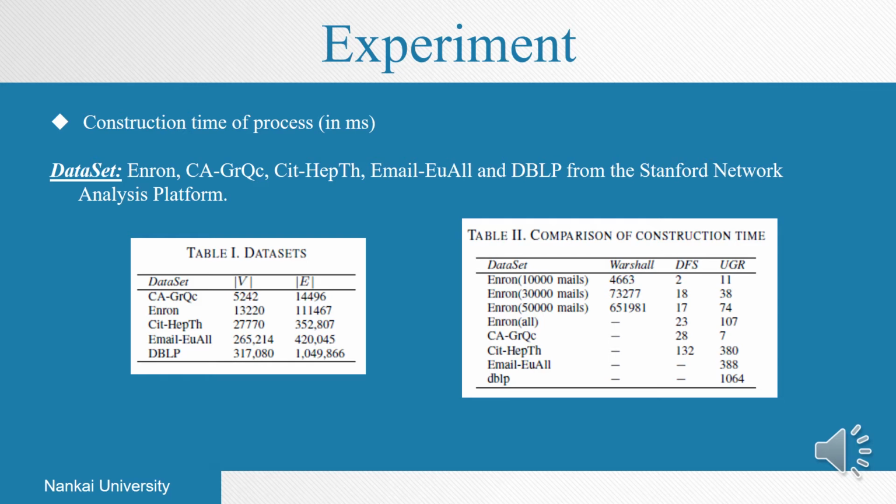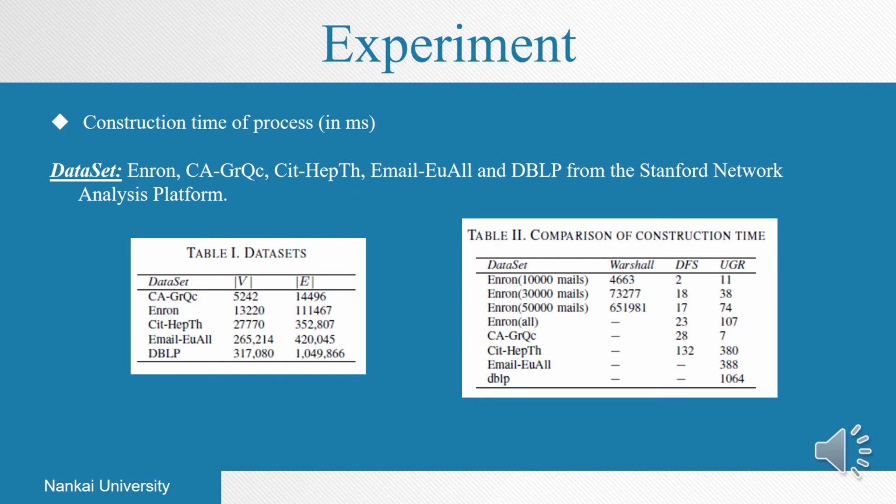We only evaluated the performance of Warshall on the first 3 datasets because it is obviously slower than others. What's more, when the scale of data size is small, DFS had better performance.